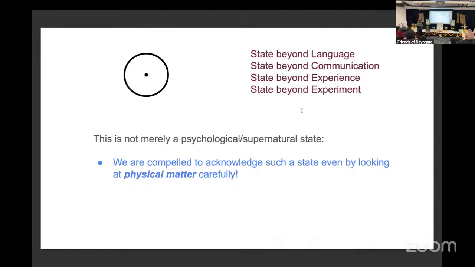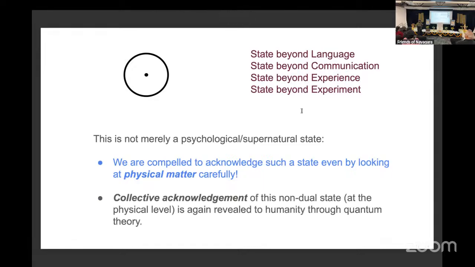And as I said, this is not some merely psychological supernatural state. We are compelled to acknowledge such a state even by looking at physical matter carefully. We are compelled, like there is no choice. And the way that I understand this is that there is a collective acknowledgement of the state. Nobody calls it a non-dual state.